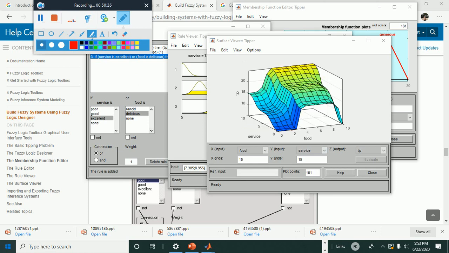Now this is the 3D graph, and you can see the food, service and tip. Here we have tip maximum if service is good and food is good, and where food is good but service is not good, we have low tip.